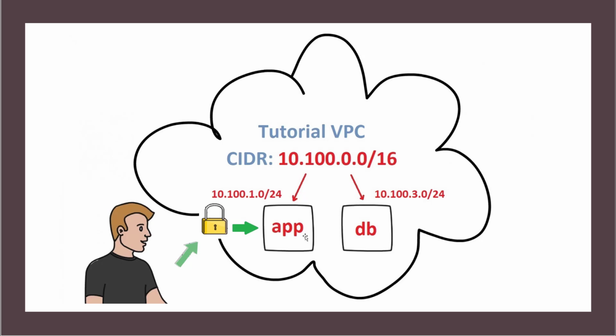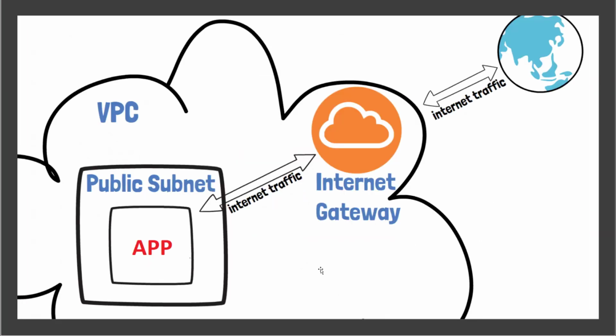So what should we do to solve this problem and open this lock? There is another concept called Internet Gateway. Internet Gateway opens a way for the public subnet to access the internet directly. Or in other words, it connects our VPC to the world of the internet.